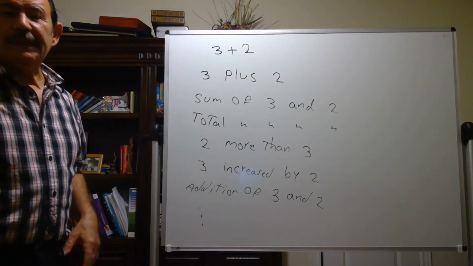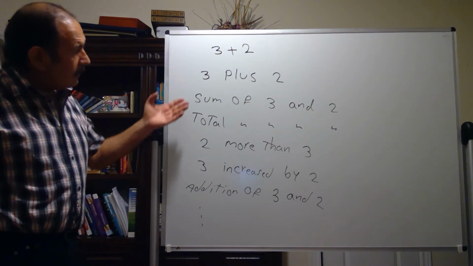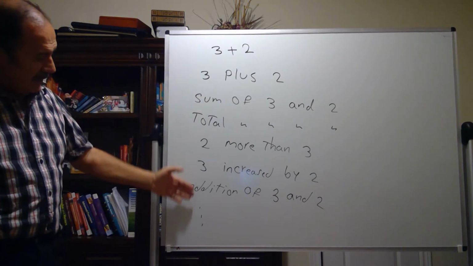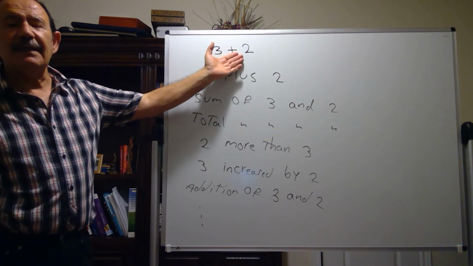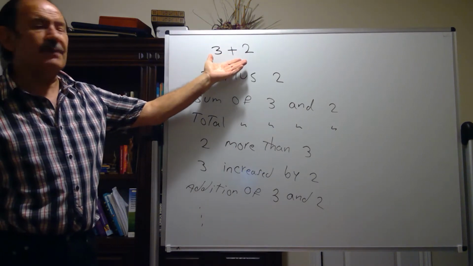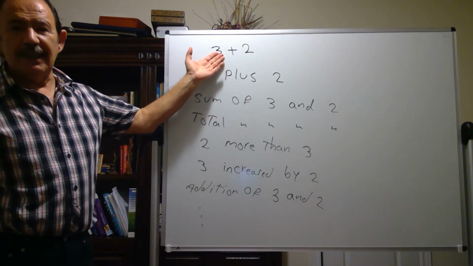Maybe I don't remember them all, or there are more that I don't know. But all of these are the verbal format of expressing this expression. These are verbal language, and this is the math language.